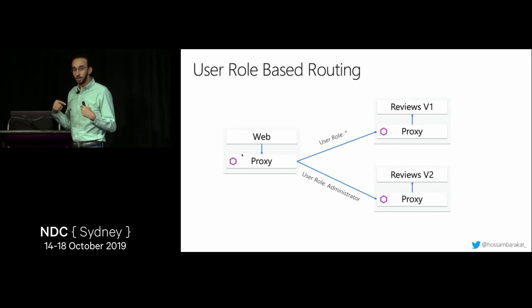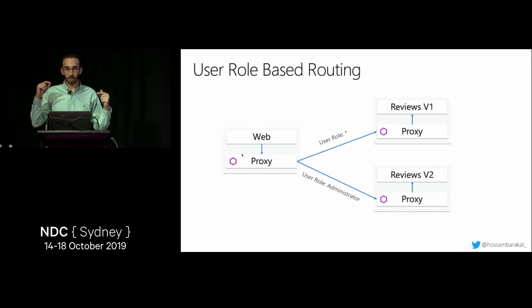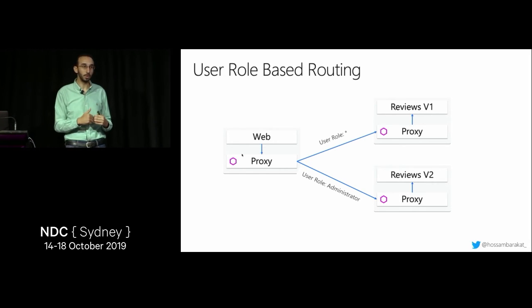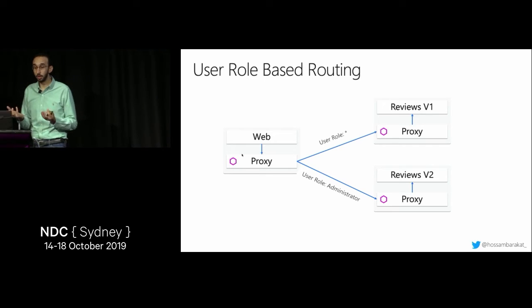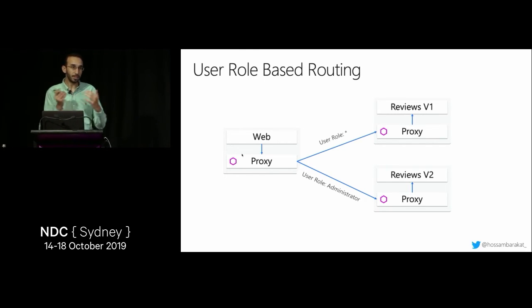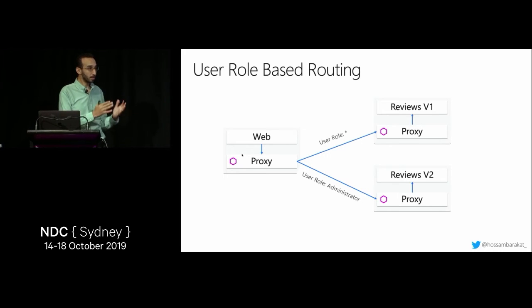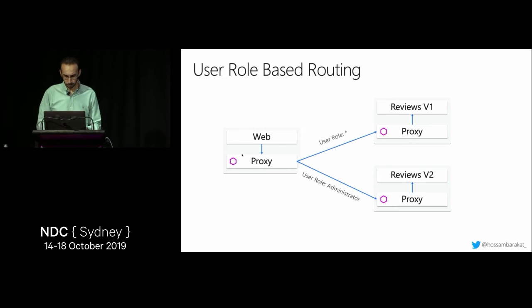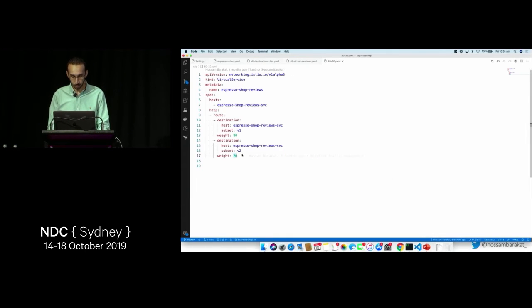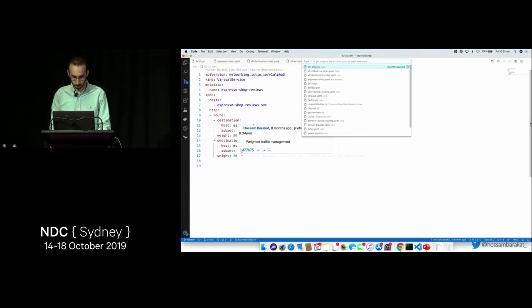In my application, for the service-to-service communication, I have added a header called user role, which includes the role of the current logged-in user. So I can apply a traffic rule to say, for all of the traffic coming from the administrators, send that traffic to v2, otherwise send it to v1.